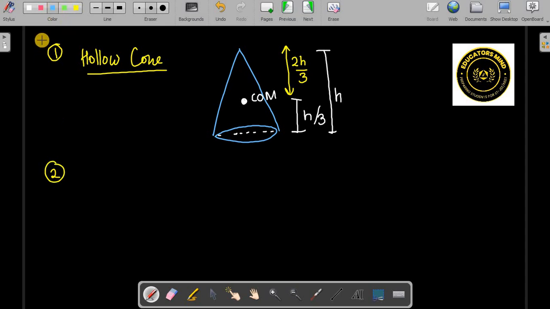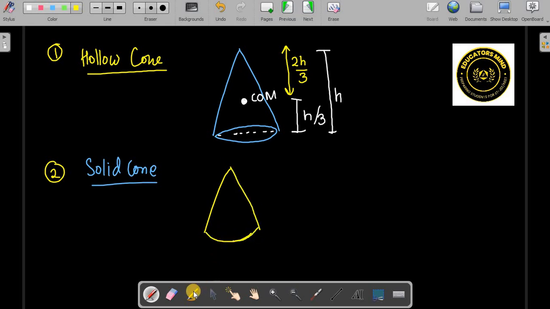Similarly, let us take next a solid cone. Previously it was hollow, now it's solid. Some mass will be distributed over this body completely, no cavity is there, like this.